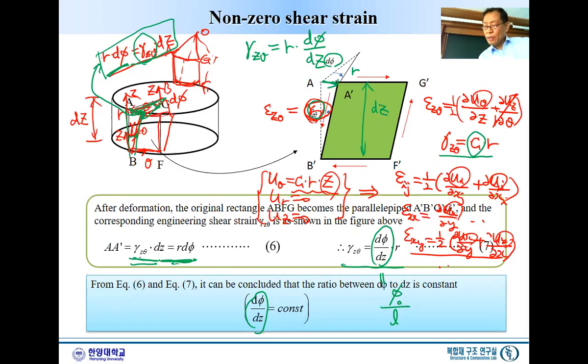So that's why we have a dz here. This equation is easy to forget, but it is the most important geometric deformation condition which we need to use to come up with d phi dz is a constant.